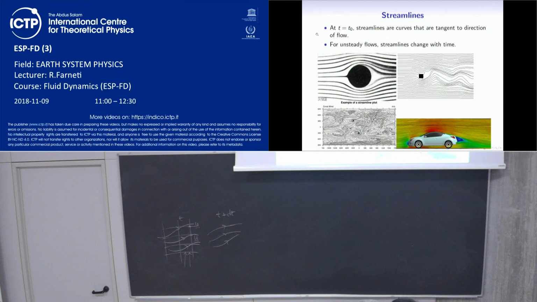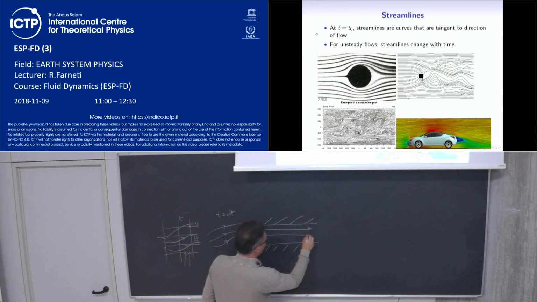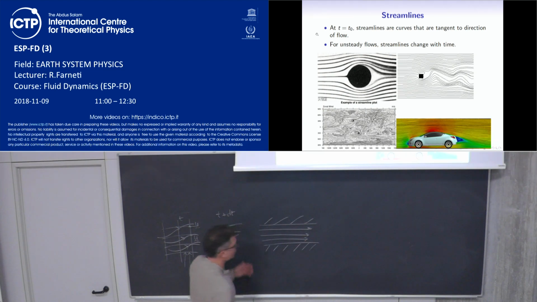If you have a laminar fluid, if you have a river like this, these are the walls of the river, and you have a laminar fluid like this. These are streamlines, and there's a flow going from left to right. For example, this doesn't change with time. So this is my velocity vector, and these are the streamlines.